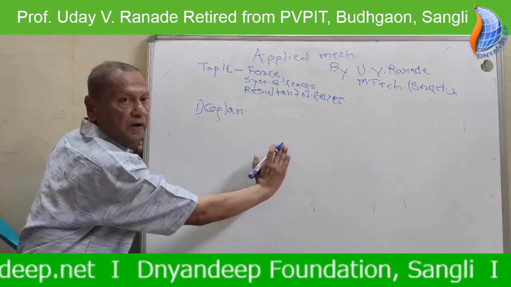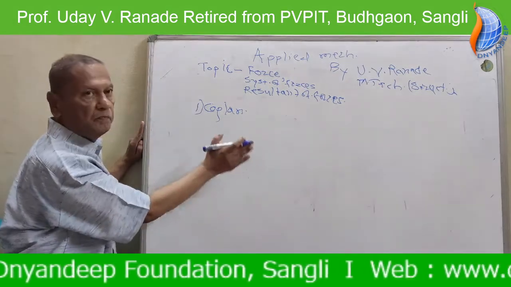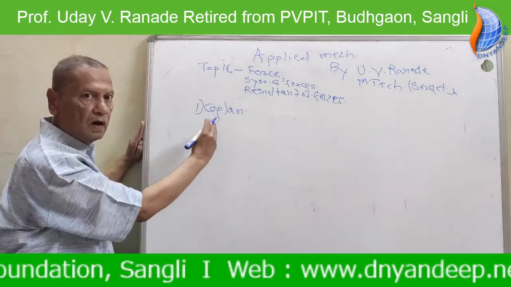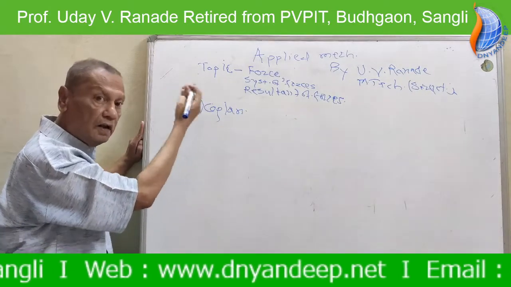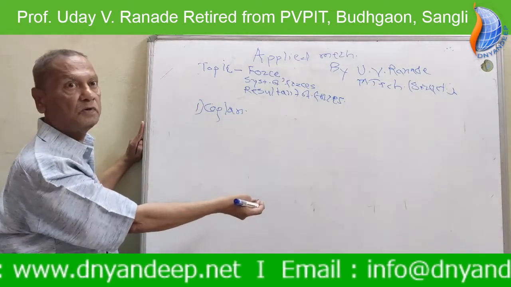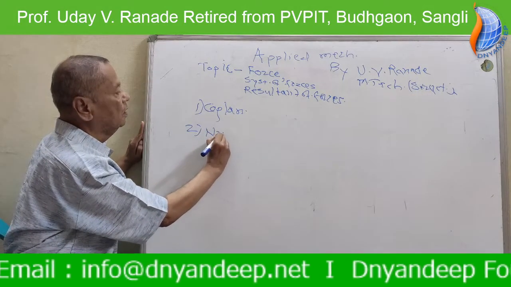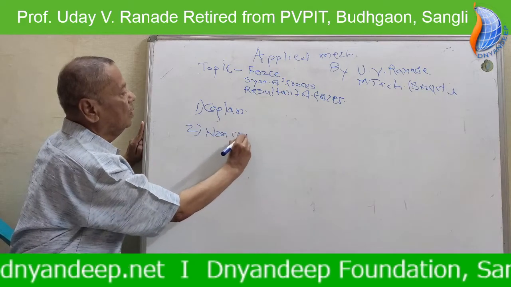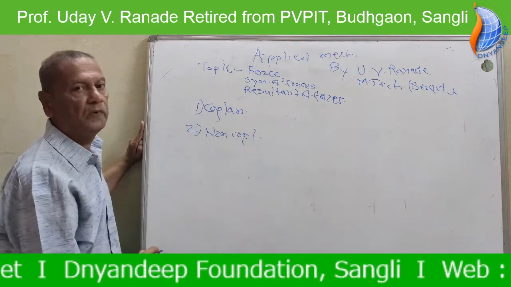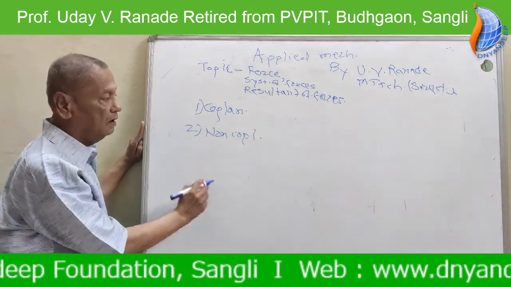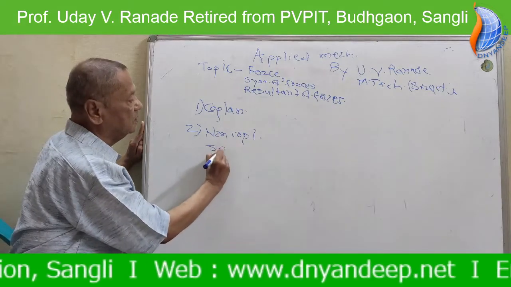For example, this is plane, all forces are acting. Now after coplanar, I will again explain under coplanar how many different system of forces. And second is non-coplanar, means not in one plane, in space.